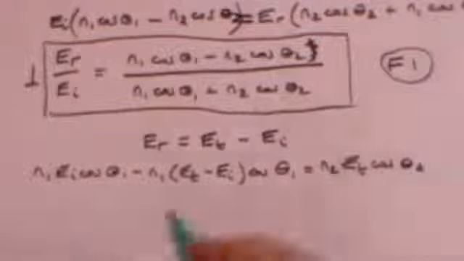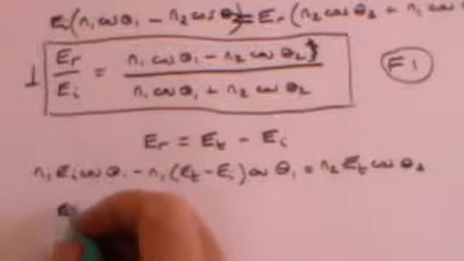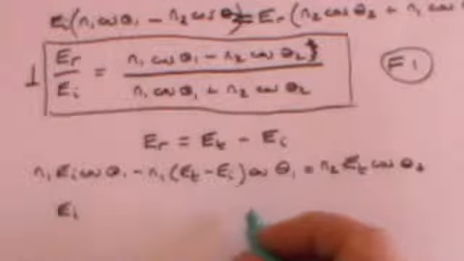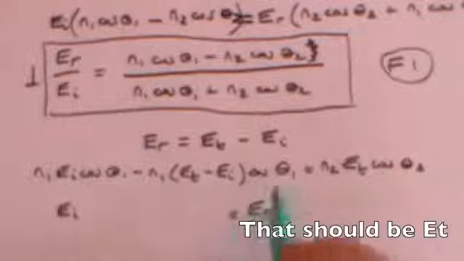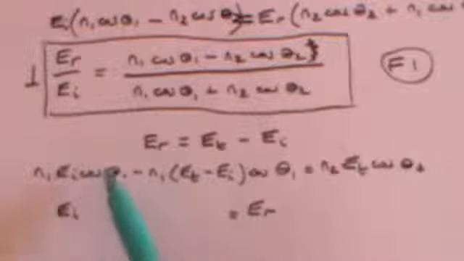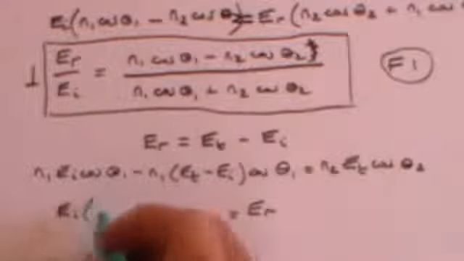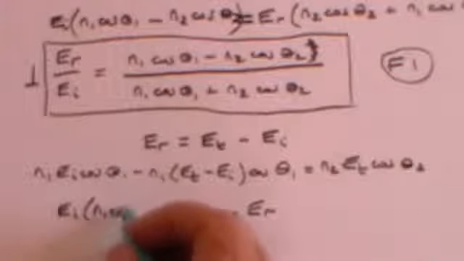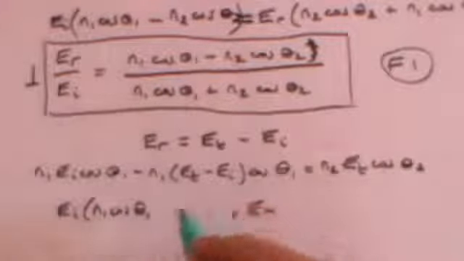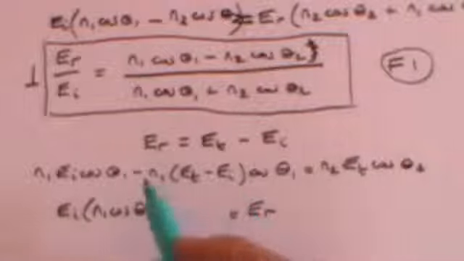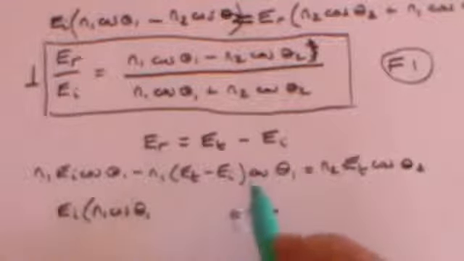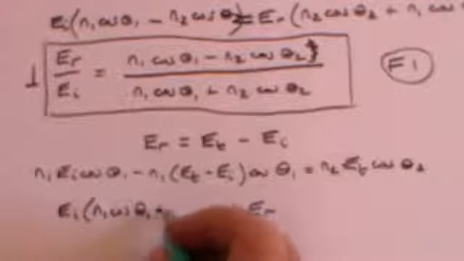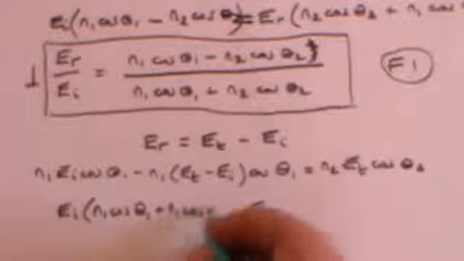And again, the trick is to bring all the EIs to one side and all the ETs to the other. So here we've got an N1 cos theta 1 for an EI term, and then we've got a minus minus, which is a plus N1 cos theta 1.